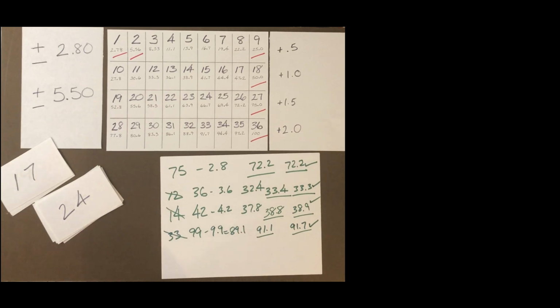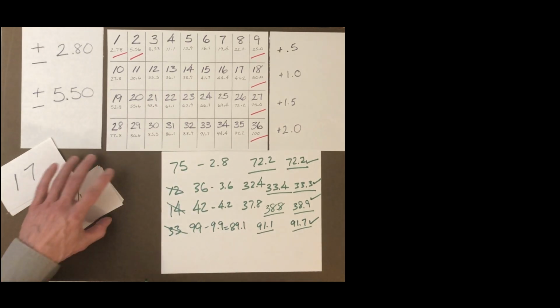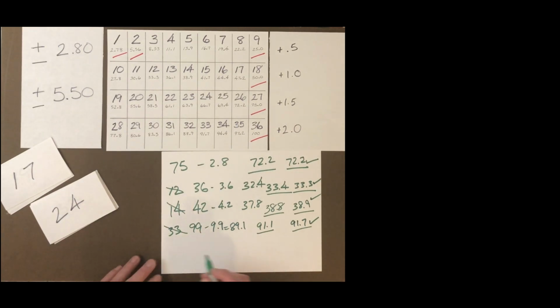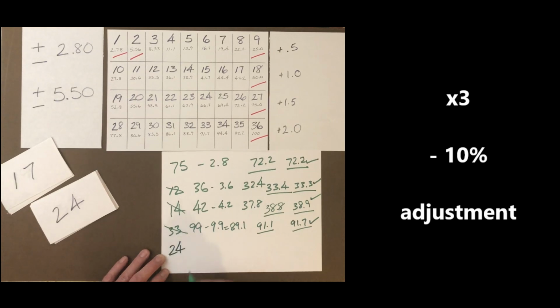Our next number is 24. 24 is another easy one because it's 2/3 of the way there, but it's not near 27. We'll do it for practice. 24 times 3 is 72.